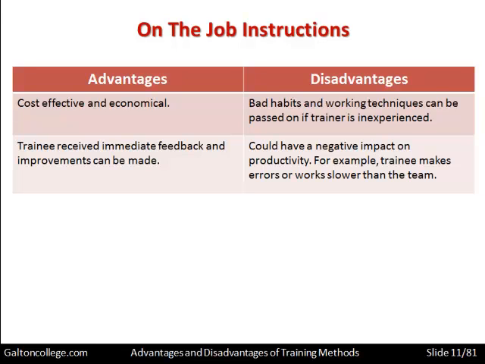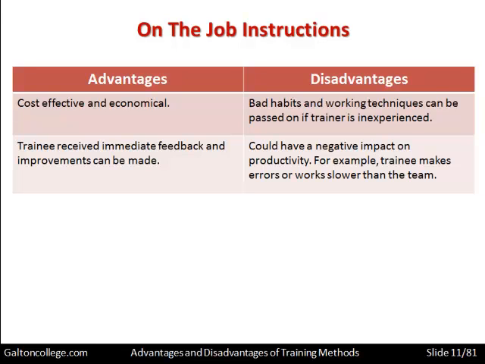It could have, however, a negative impact on productivity. For example, the trainee makes errors or works slower than the team. So the fact that the trainee is working on the job could mean that the trainee makes mistakes which will hold up everyone associated with that particular job.